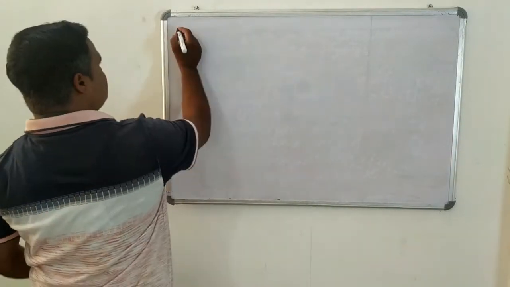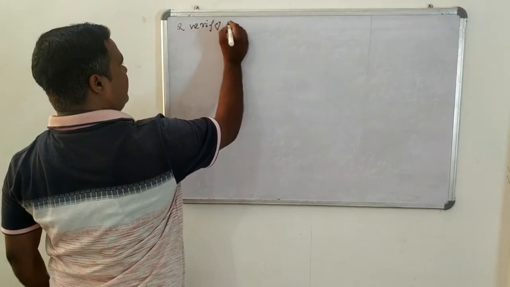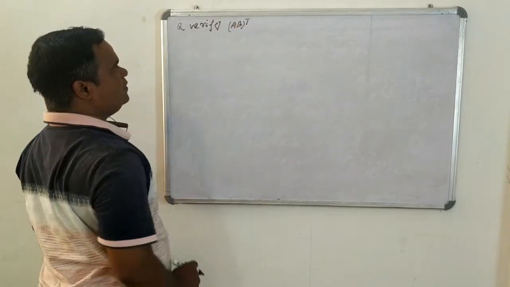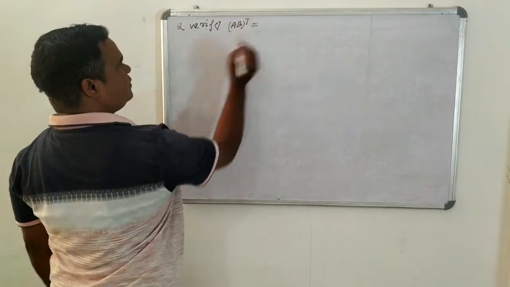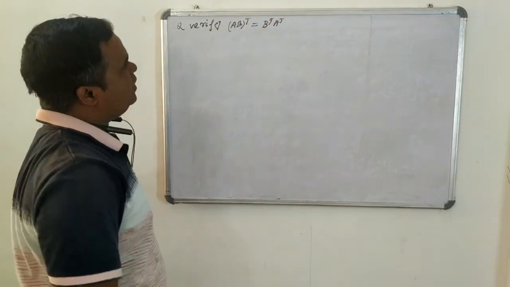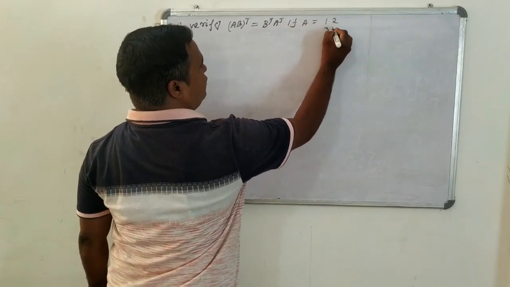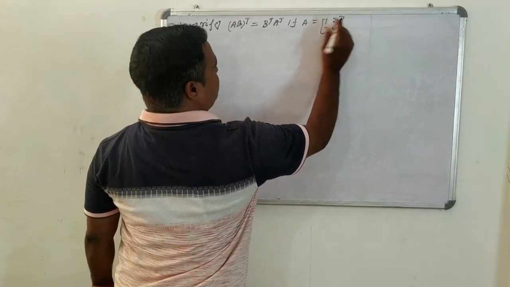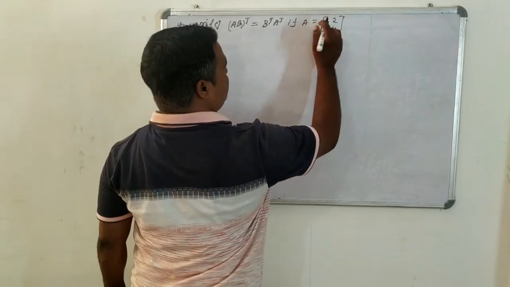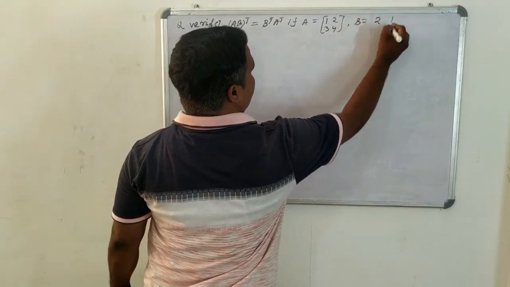So the question is: verify that the transpose of AB equals B transpose multiplied by A transpose, if A is the matrix 1, 2, 3, 4 and B is the matrix 2, 1, 3, 1.